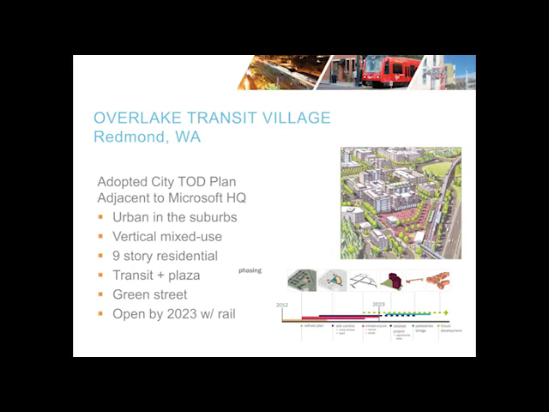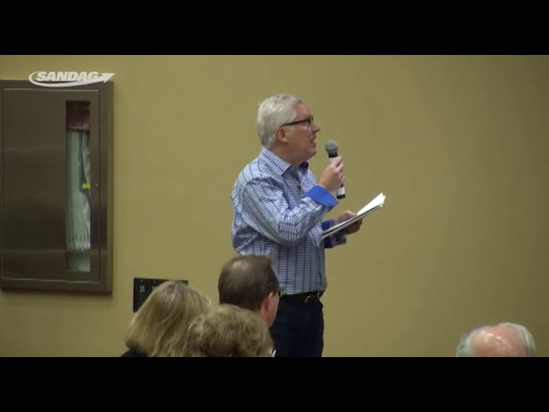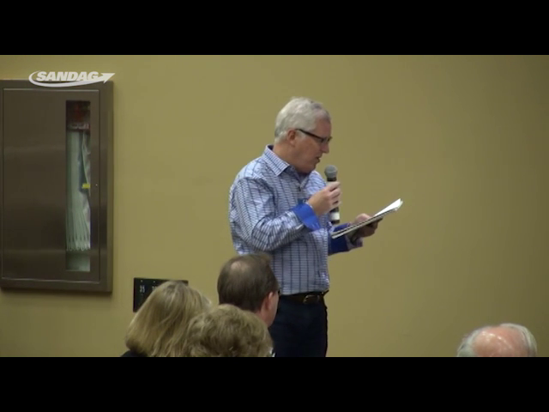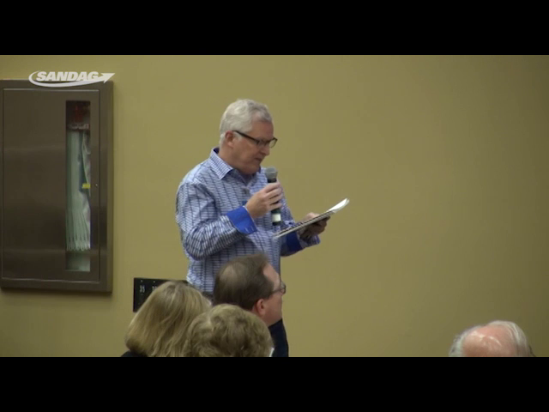Light rail opens in 2023. The goal was to create an urban place in the suburbs that would be appealing to Microsoft to be able to attract young urban professionals that had to go to work in the suburbs but wanted to live in an urban place. And so there's a series of strategies here, things like stormwater, green streets, dense residential, retail, and then office.